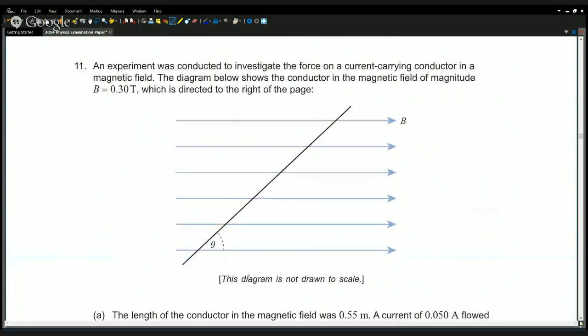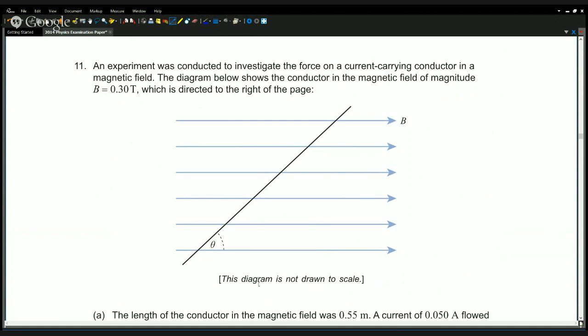An experiment was conducted to investigate a force on a current carrying conductor in a magnetic field. The diagram below shows the conductor in the magnetic field of magnitude B equals 0.3 Tesla, which is directed to the right of the page.